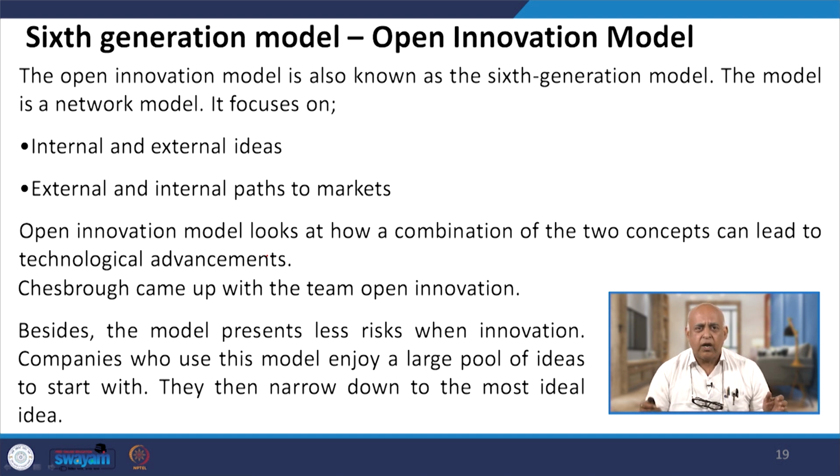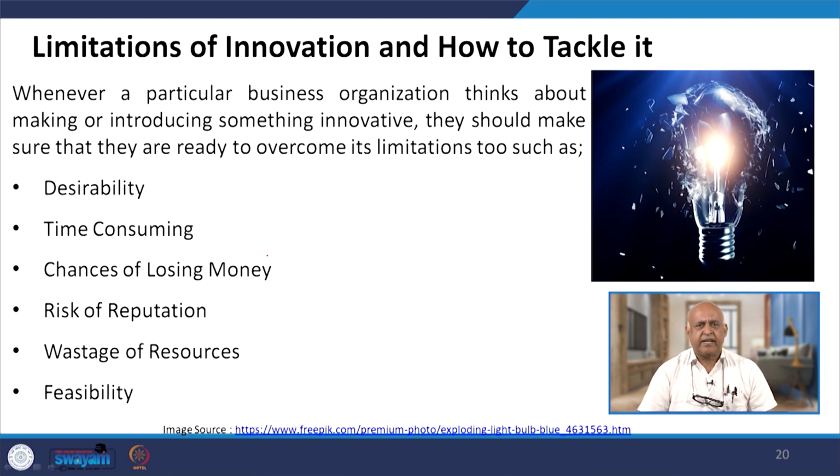All employees are working together towards the internal and the external ideas, and therefore, when your internal strength matches with the external market, the model presents less risk. Innovation companies who use this model enjoy a large pool of ideas, because the chances of success are more with them, and they narrow down to the most ideal ideas.